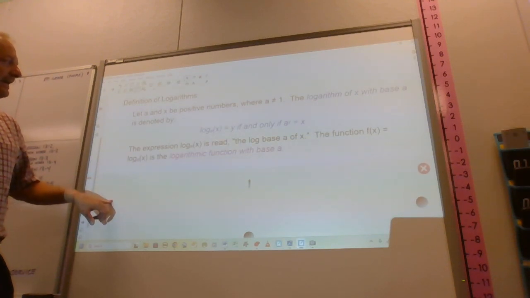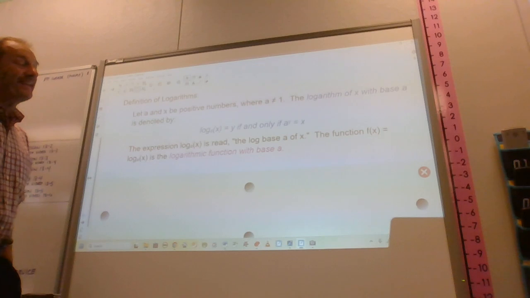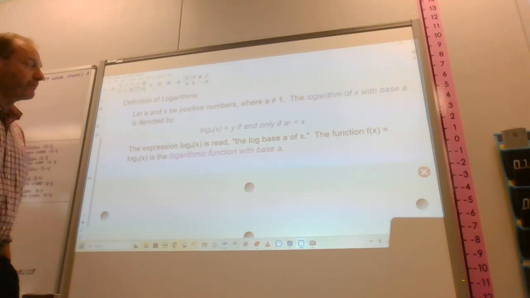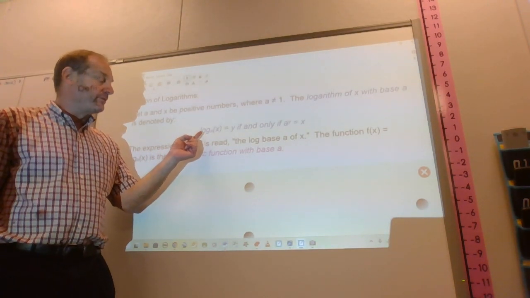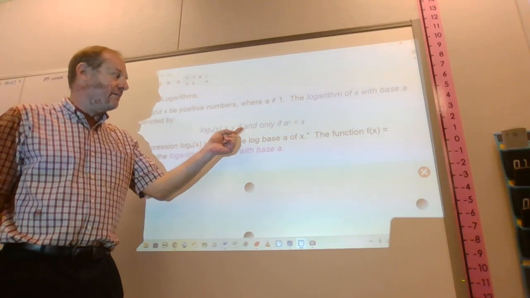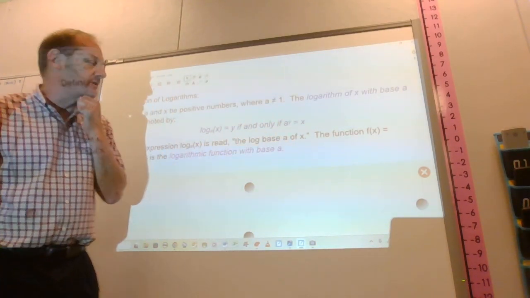We're going to let a and x be positive numbers where a cannot be equal to 1. The logarithm of x with base a is denoted by log base a of x equals y if and only if a to the y power equals x.